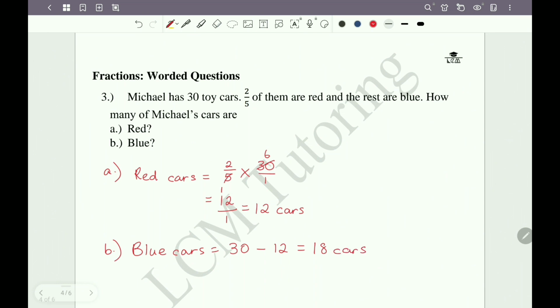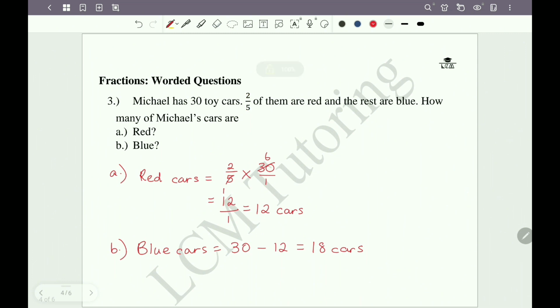Or, so this is another way, we can actually use fractions again. Let's find the fraction of his cars that are blue. So the fraction of blue cars is going to be, now the whole in terms of fractions, his 30 cars, is represented by the number 1, minus 2/5, which is the fraction of his cars that are red.